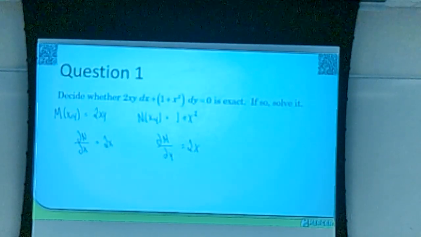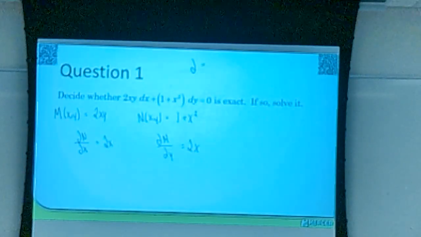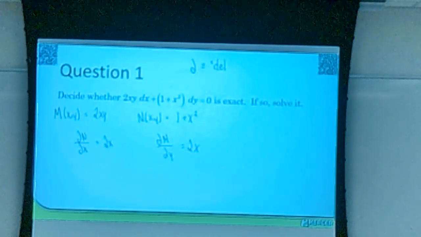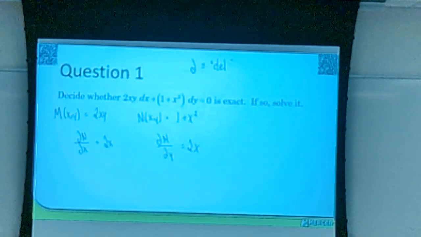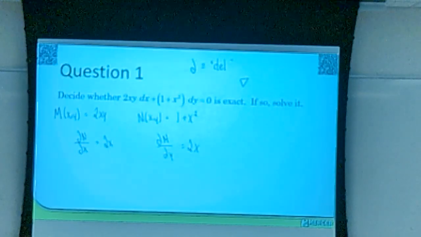So this symbol here is called the del symbol. And again, for those of you who've had Calc 3 or E&M, that's not to be confused with the del operator. That symbol is nabla.